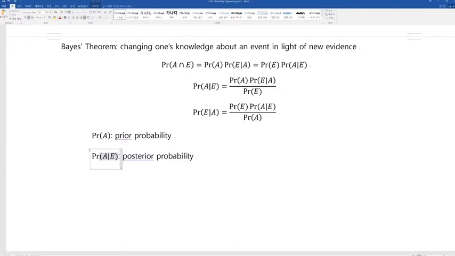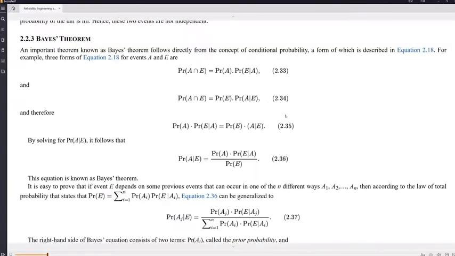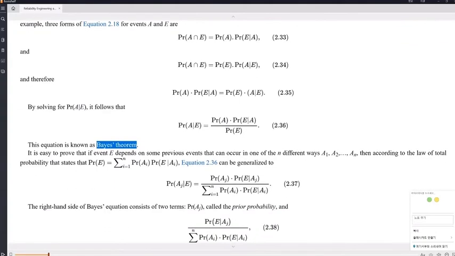So if we go back to our textbook, we just followed this, and this is what is called the simplest form of Bayes' theorem. And if we have many events and different events, then it can be given in a different form.